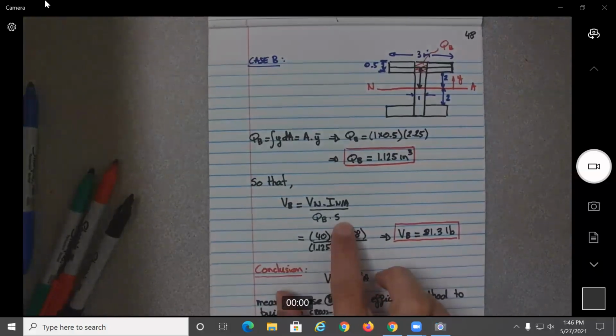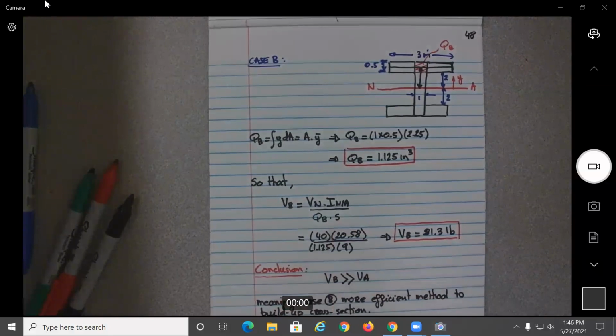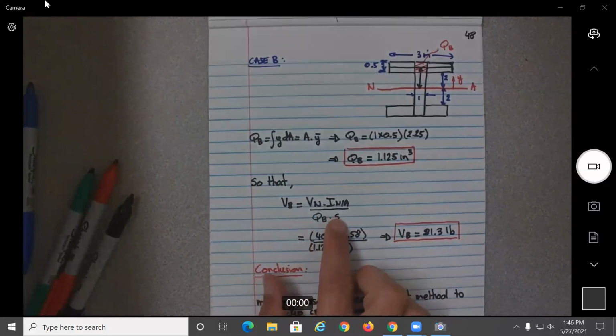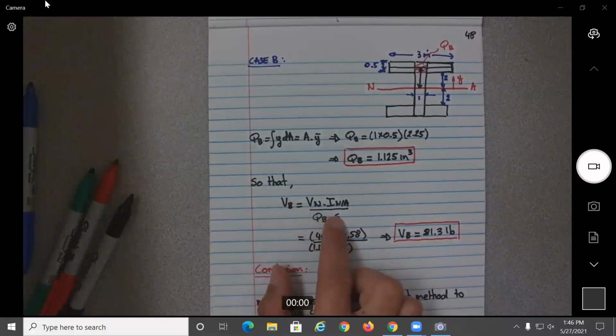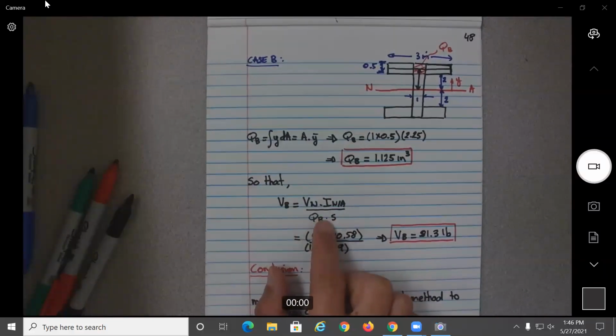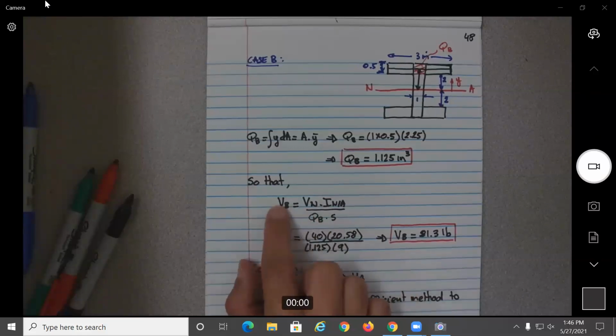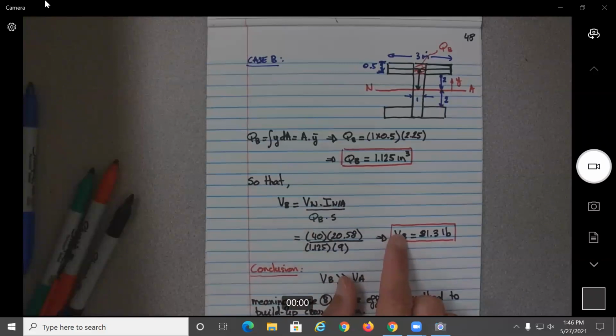If you put more nails, the spacing will be lower, so the V force will be multiplied by 2, because instead of being 9 inches, the spacing will be 4.5. So this value will be multiplied by 2. Okay, so what I mean is that it's not only one answer, it depends on your design, whatever you want to achieve.